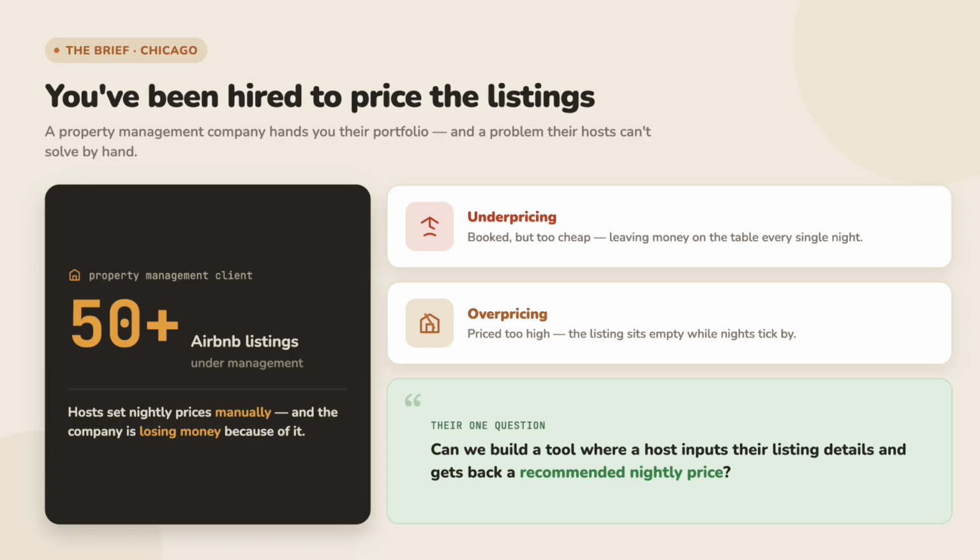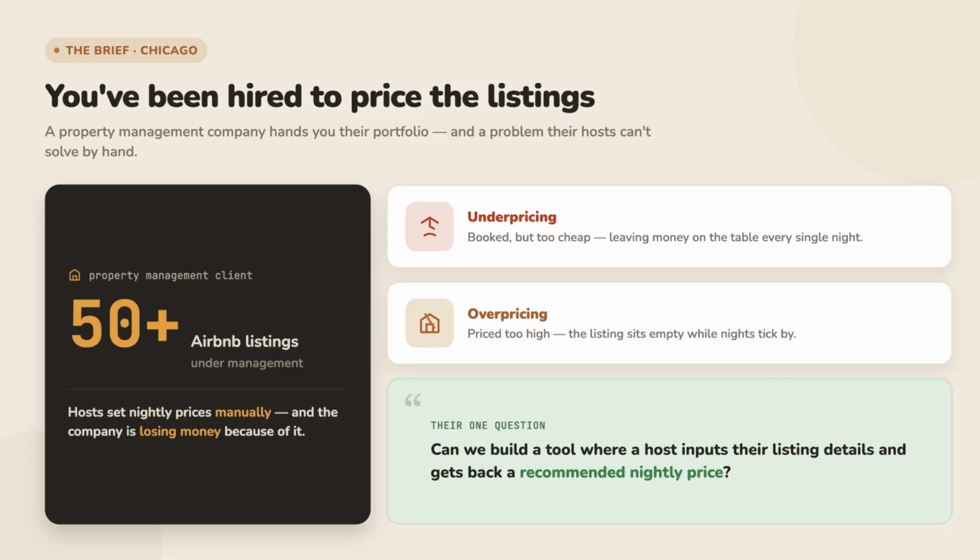So let's imagine you're a data scientist contracted by a property management company in Chicago that manages 50 plus Airbnb listings. They're losing money because hosts are manually setting prices, some overpricing, some underpricing.